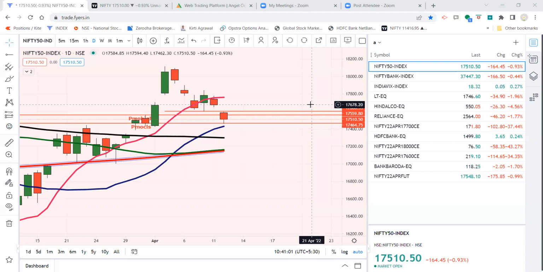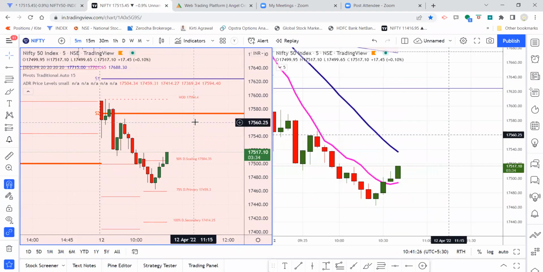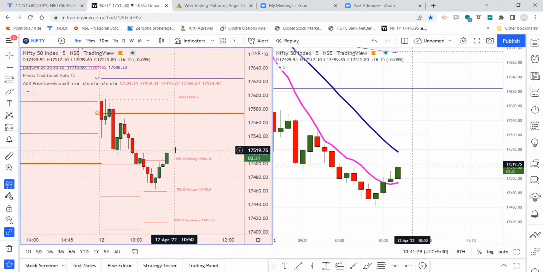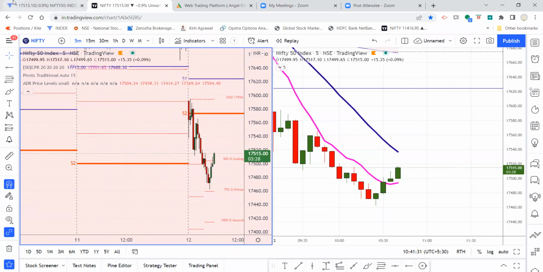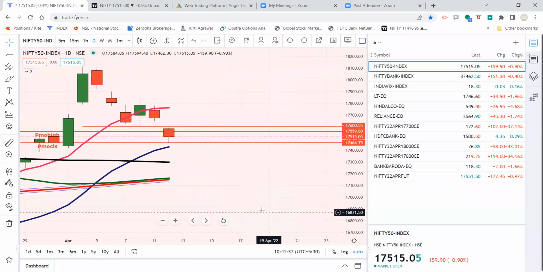Okay, so if I conclude, the conclusion here is that we are in a strong support zone, and from here onwards buying is expected in the market. If the market holds the 17,450 to 460 zone from where it just got support, and is not sustaining below 17,500, we are expecting a recovery back towards 17,650 to maybe 17,700.